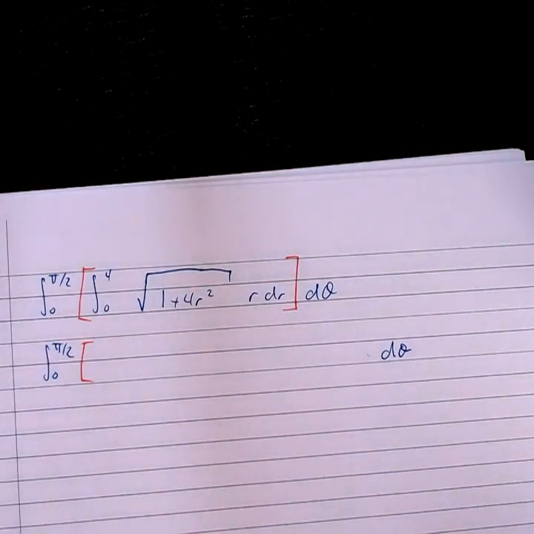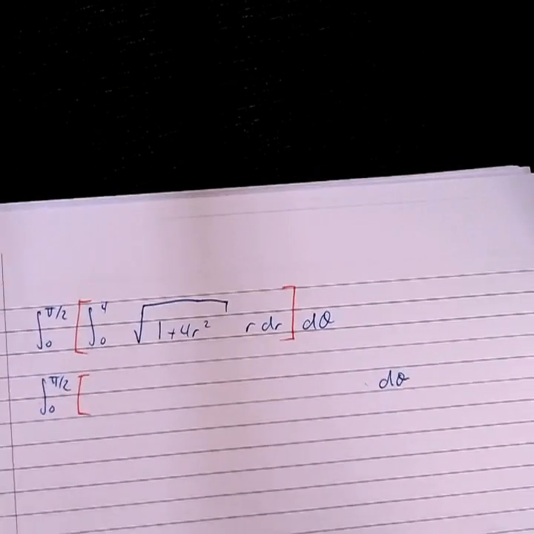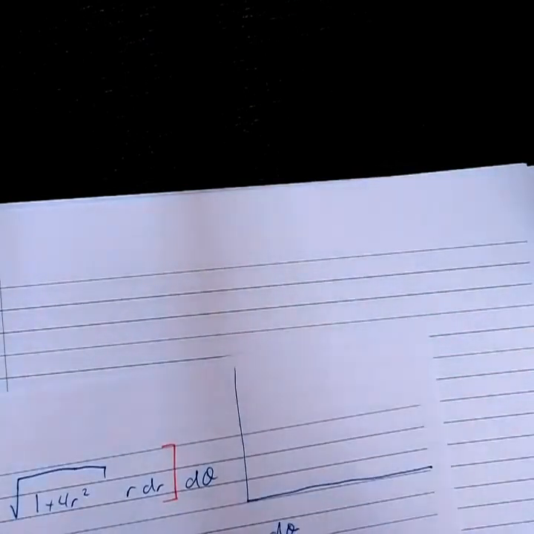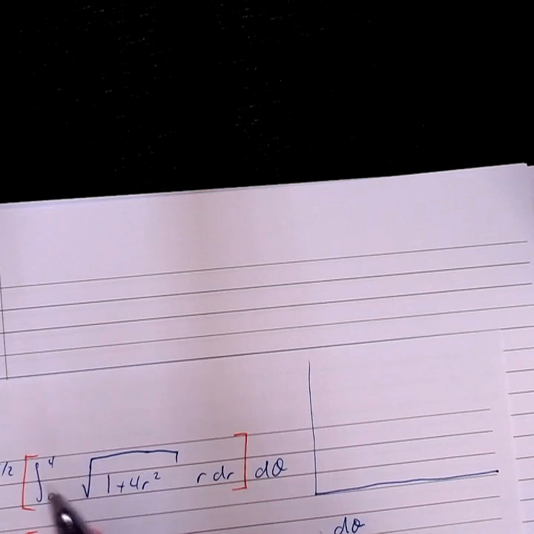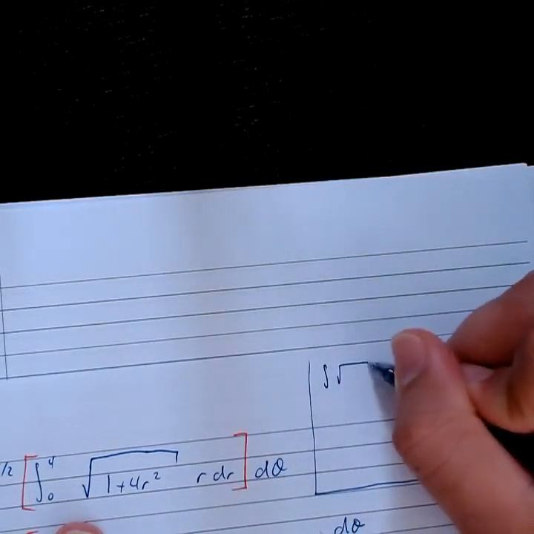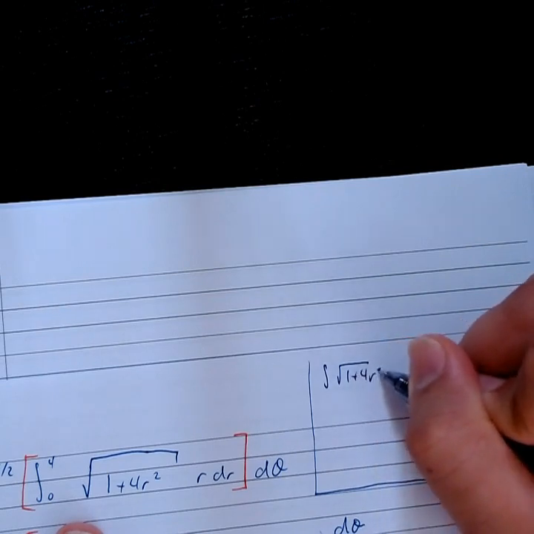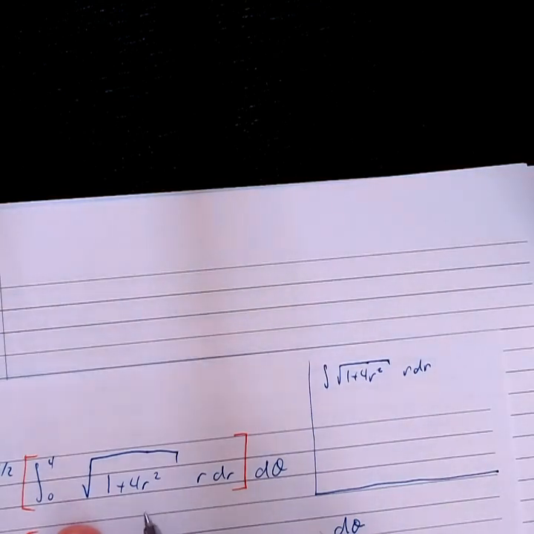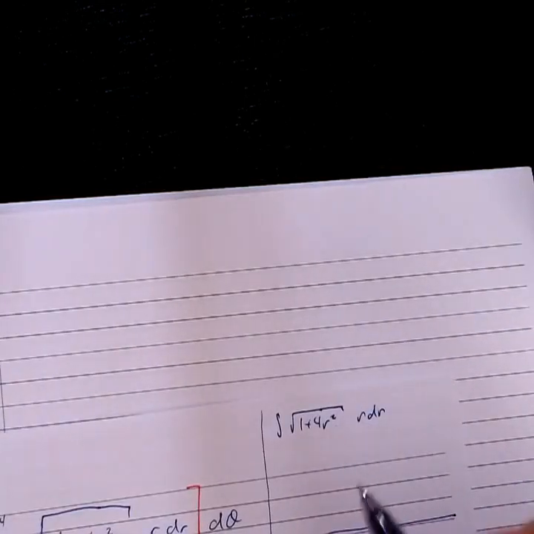In fact, let's do this off to the side here. A little side work. Forget about the boundaries, just the integral. If I want to take the integral of the square root of 1 plus 4r squared r dr, I could just use a u substitution.